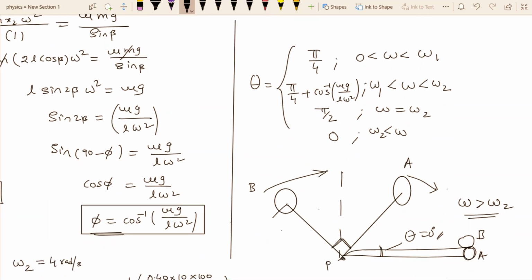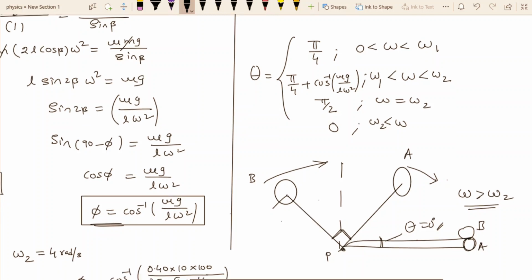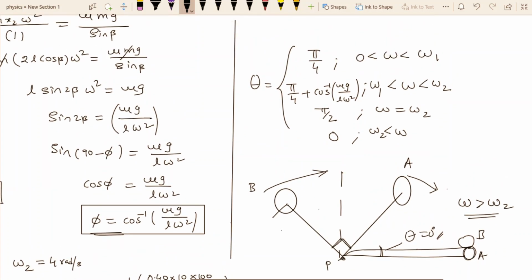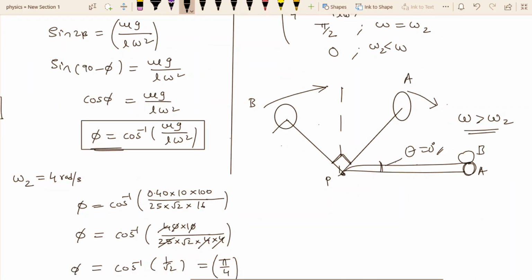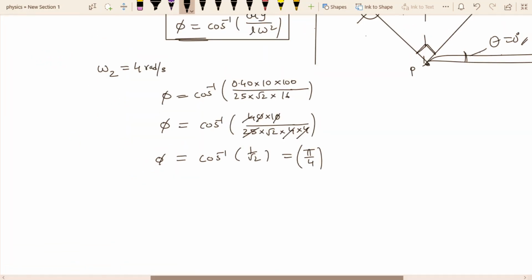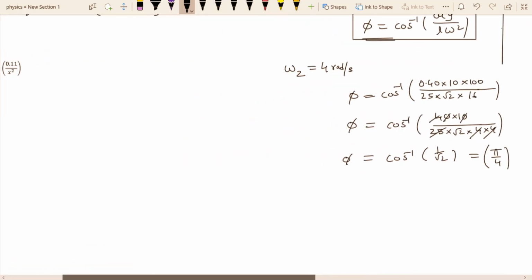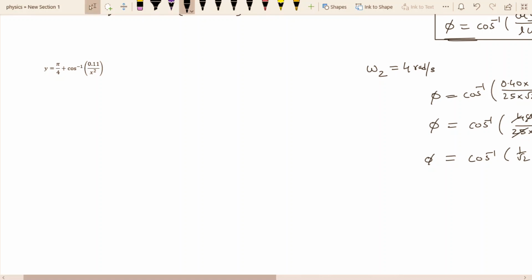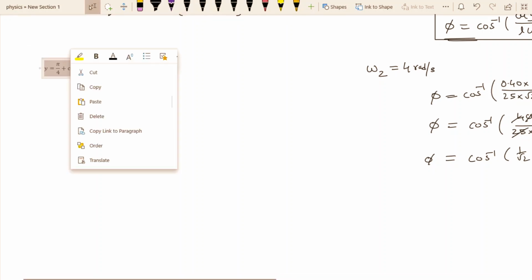Okay, so finally we have to plot the graph also. I will show you the graph of the angles. Just see. Here I already have one equation. Based on this equation we can plot the graph.